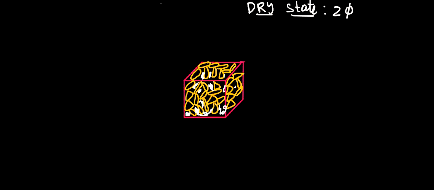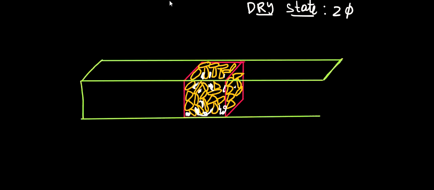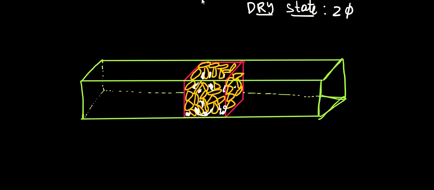Now I put this soil sample in a glass tube, or a hollow tube. Now I provide the inflow of water from the left surface, and the water will start filling this tube.